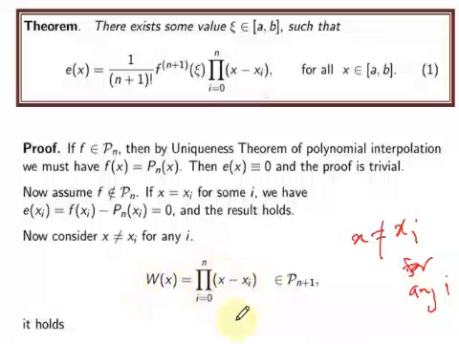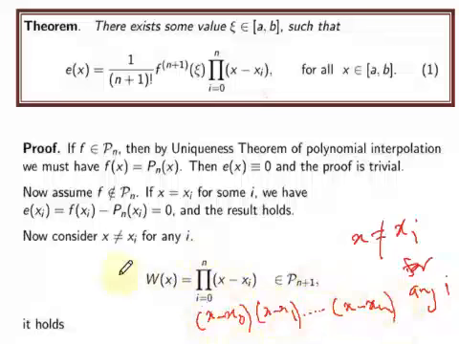Here there are n plus 1 factors: x minus x0 times x minus x1 times ... times x minus xn.